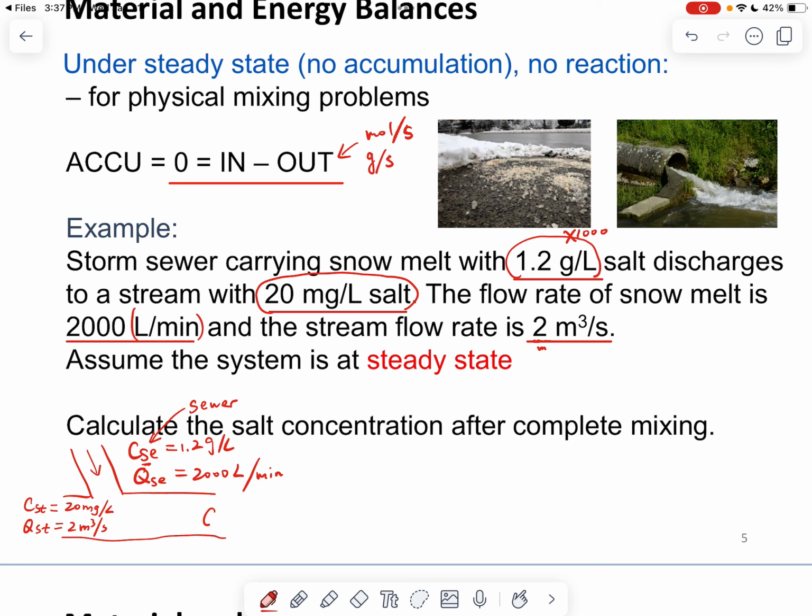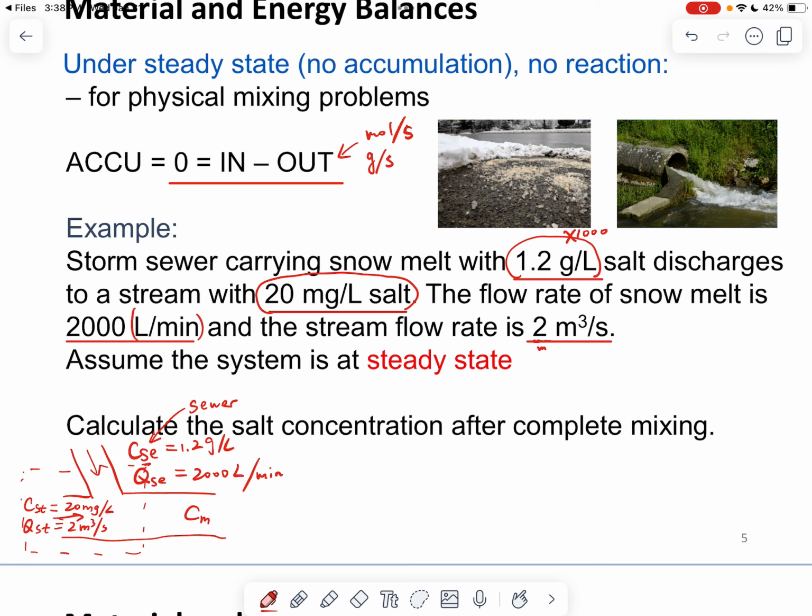So it's asking what is the concentration after complete mixing. Let's assume that this is Cm. This problem basically involves the physical mixing of two streams. One thing we can do is to just draw a control volume on an imaginary boundary.